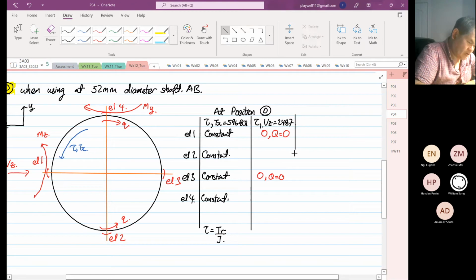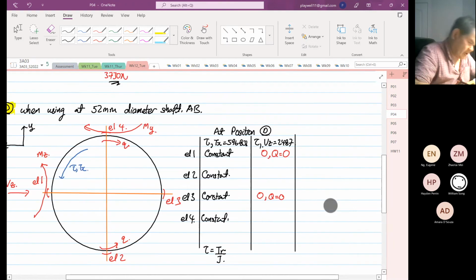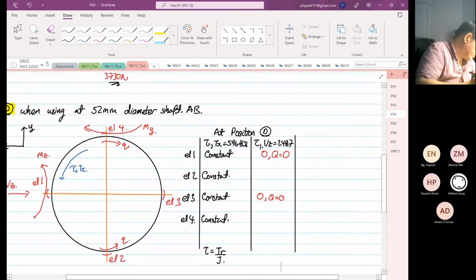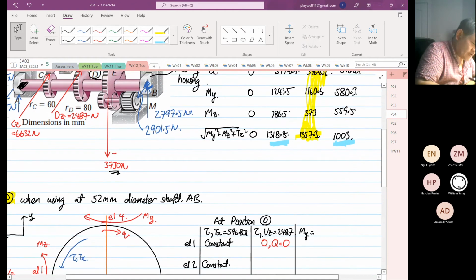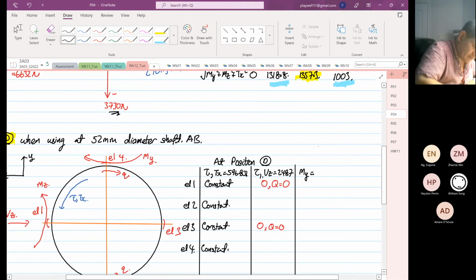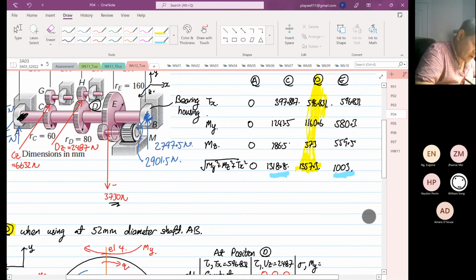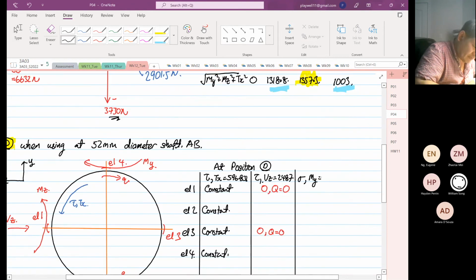Then, okay, we are going to look at the moment about y-axis, which is equal to 1160.6, or normal stress induced by the moment about y, which is equal to 1160.6.